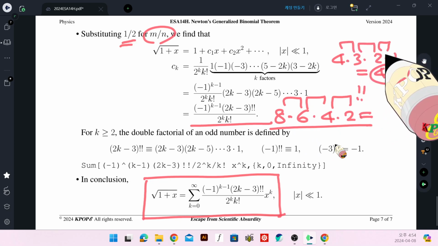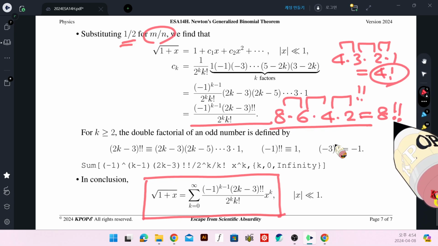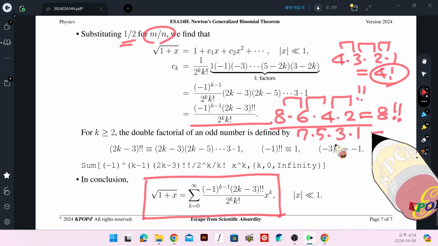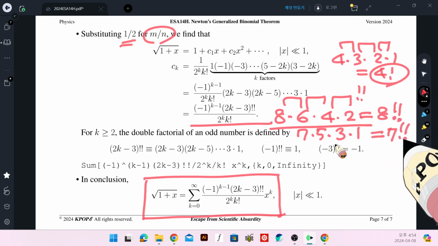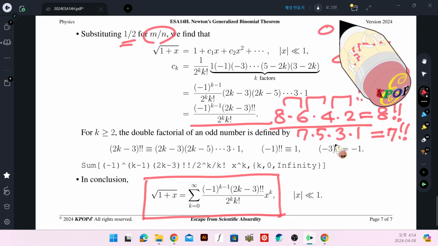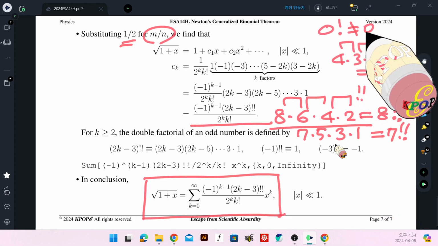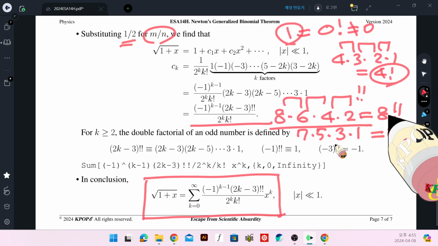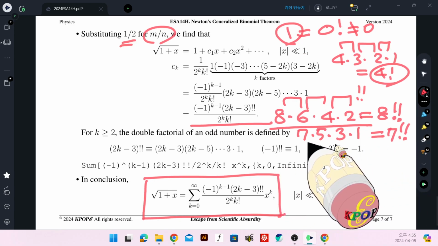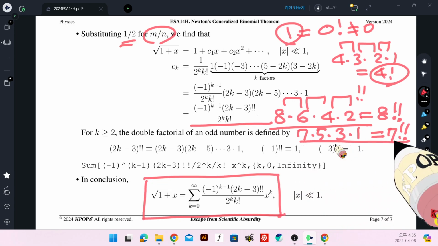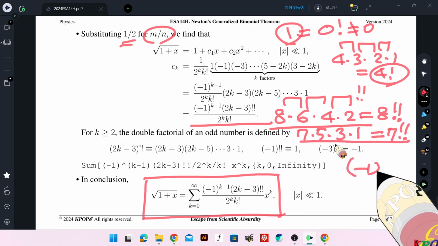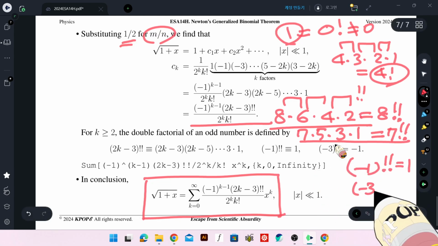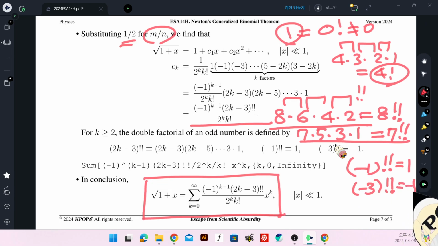In the double factorial case, we say it is 8 double factorial. Likewise 7, 5, 3, 1, we say it is 7 double factorial. We have a special value: 0 factorial is non-zero, we define this one to be 1. In a similar manner, if I define the double factorial, then for the odd case, minus 1 double factorial is not minus 1 but 1, and minus 3 double factorial is minus 1.